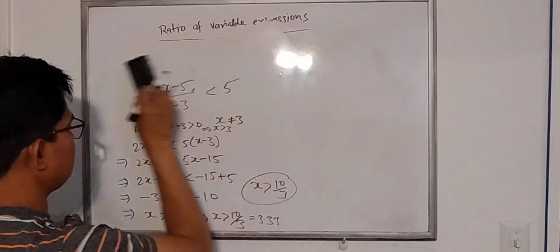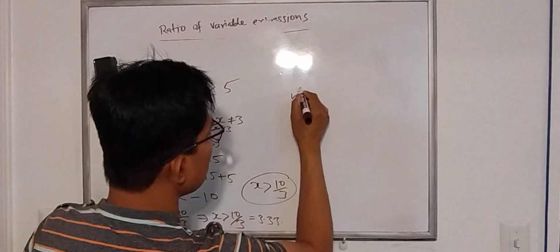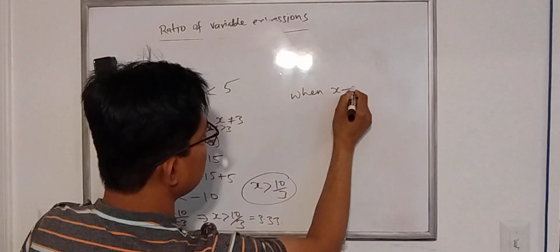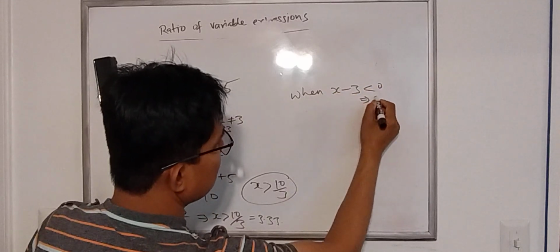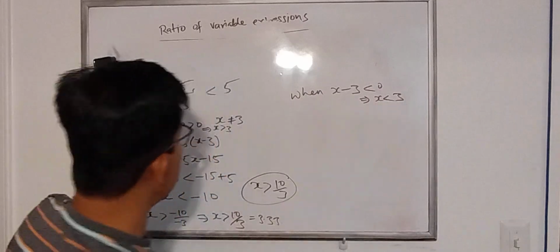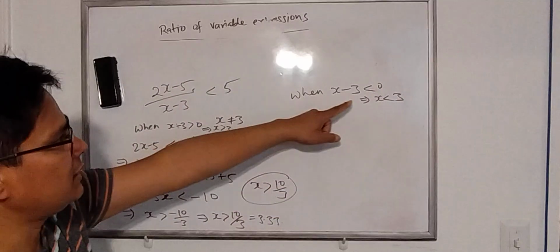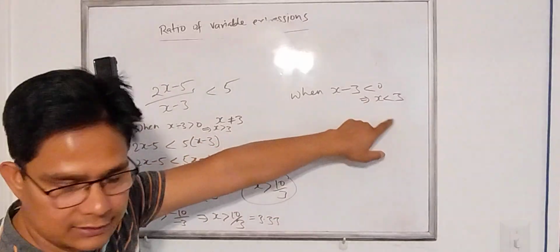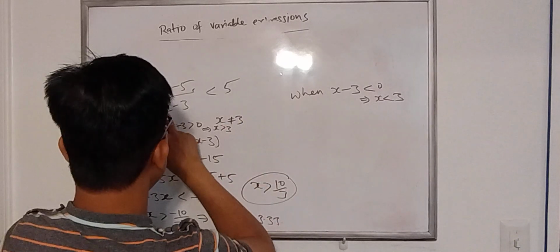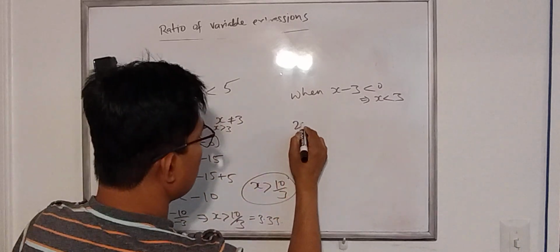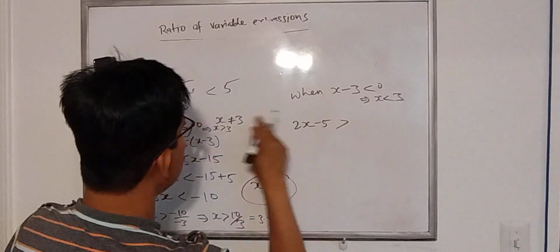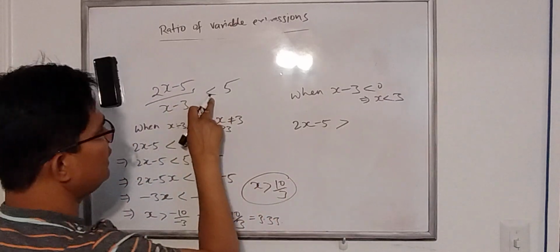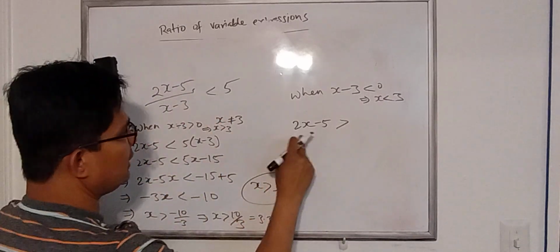Now, second condition. When x minus 3 is negative number, which means what you can say, x is less than 3, correct? When x minus 3 is less than 0, which means x is less than 3. Now, since it's a negative number, I will do the cross multiplication, but I have to change the direction of the inequality. So here it was less than, now it will become greater than.